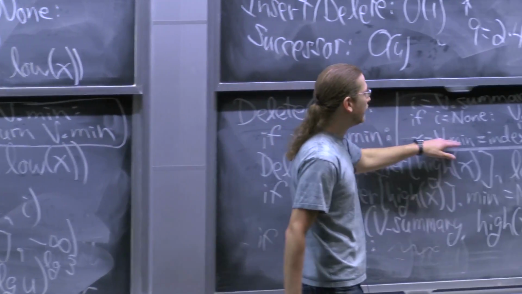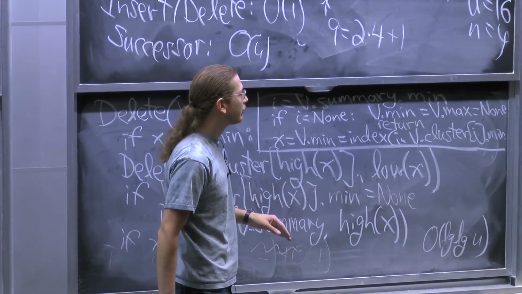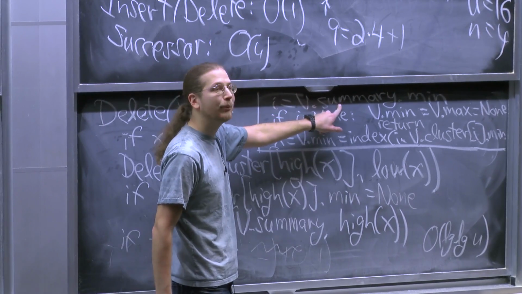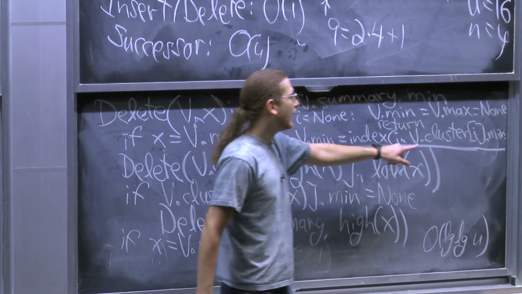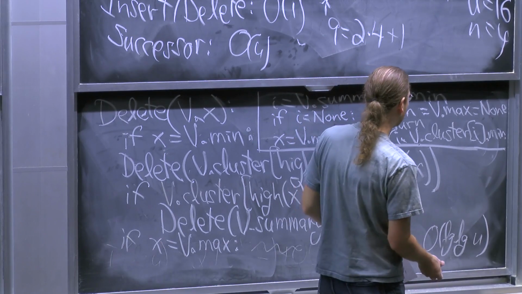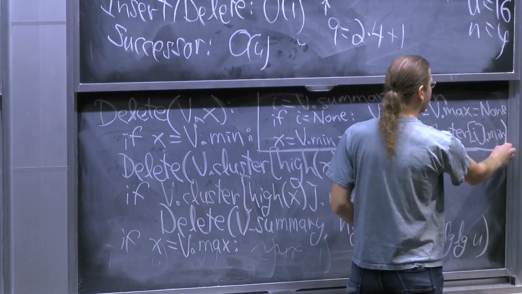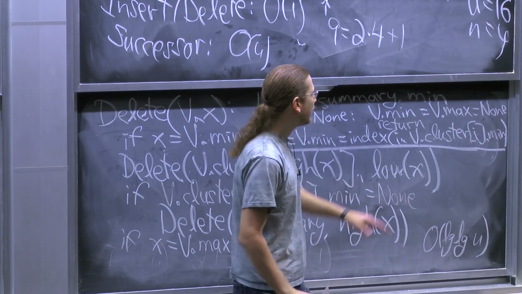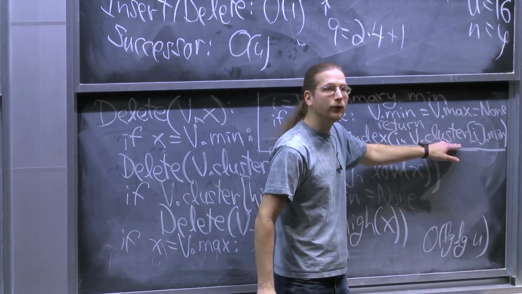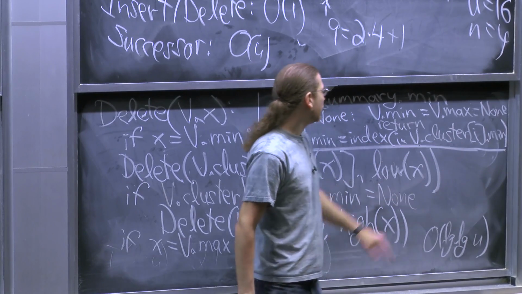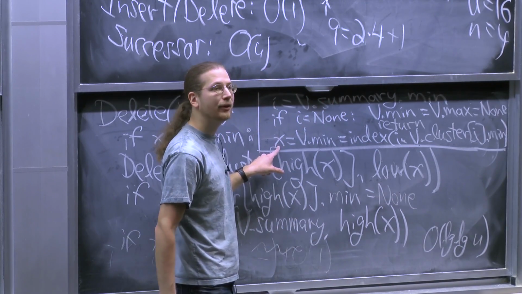So now finding minimum items is actually pretty easy. We just look at the first non-empty structure, and we look at v.cluster i min. That is the minimum item in the first cluster. So I want to recursively delete it.